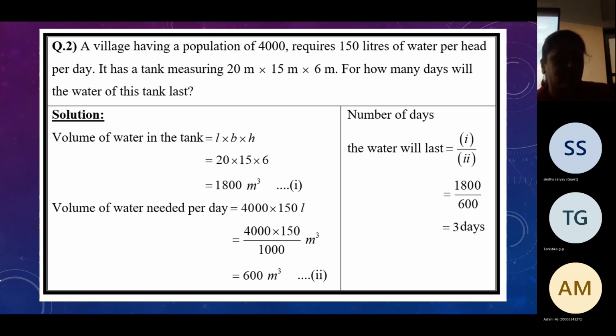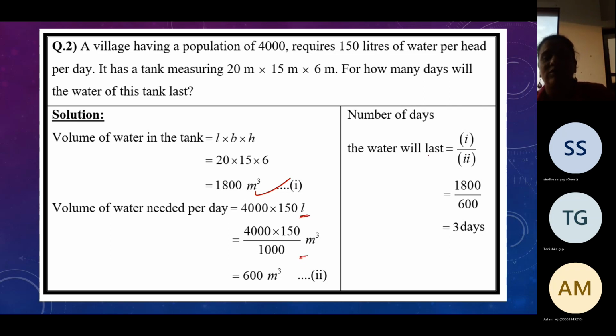Just see your screen first. So this is the volume. Then you convert. How have I done it here? I've converted the volume needed per day to meter cube. Anything you can convert. This one was in liters, and I converted that to meter cube.